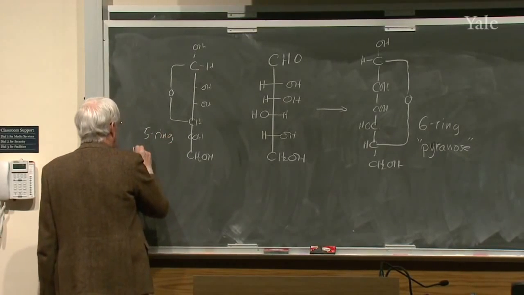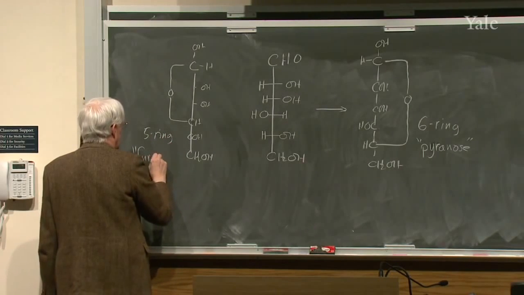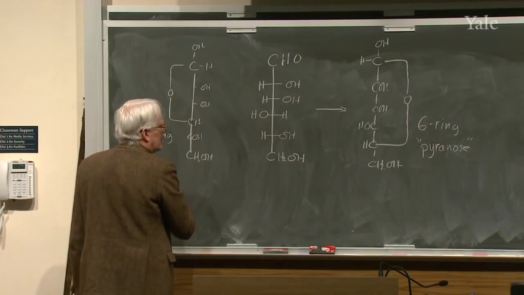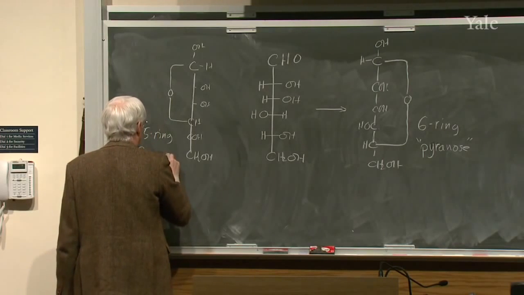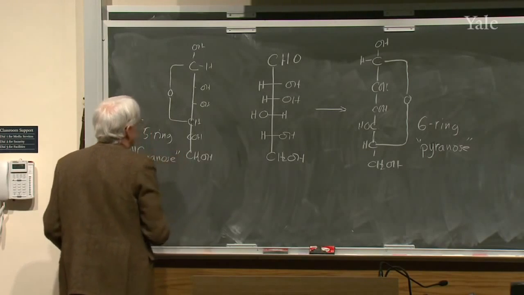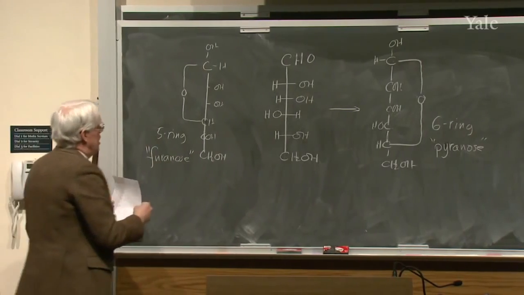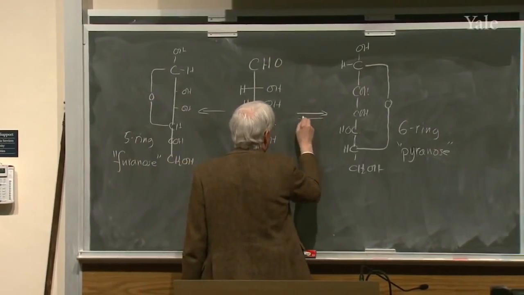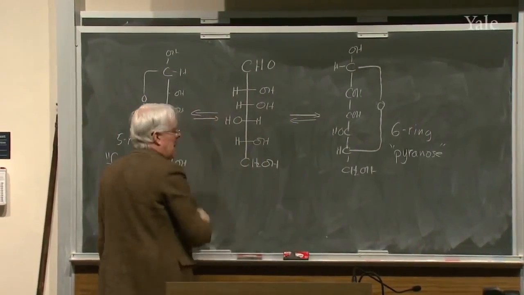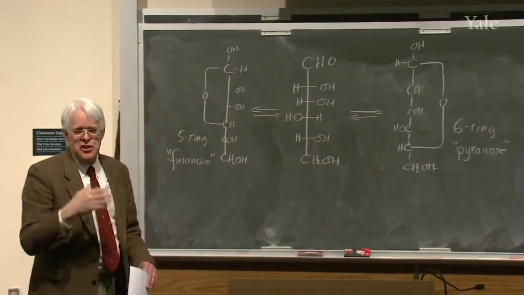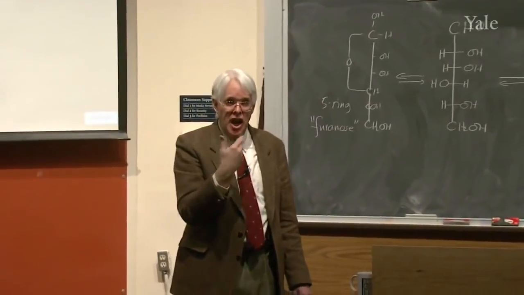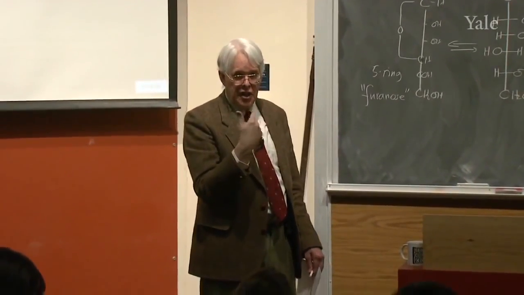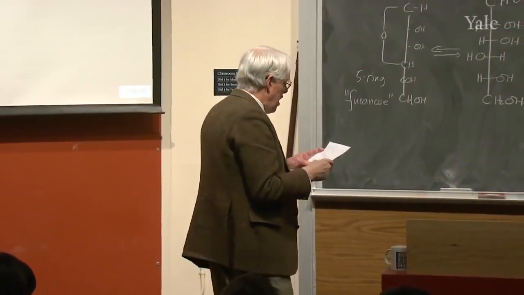And that's called a furanose. Okay? So it could go either way. And they're reversible too, because we know that with either acid or base catalysis, you can go back and forth between hemiketals and the carbonyl group.